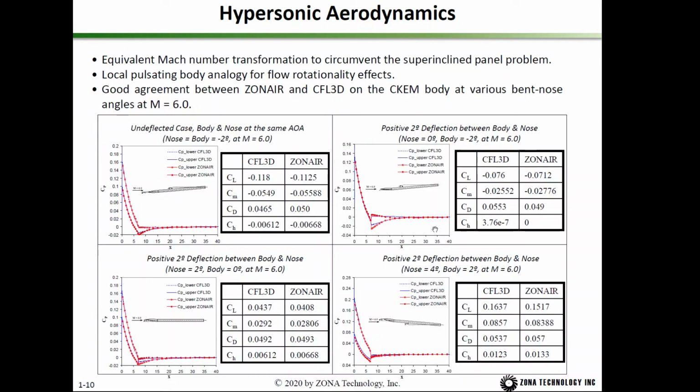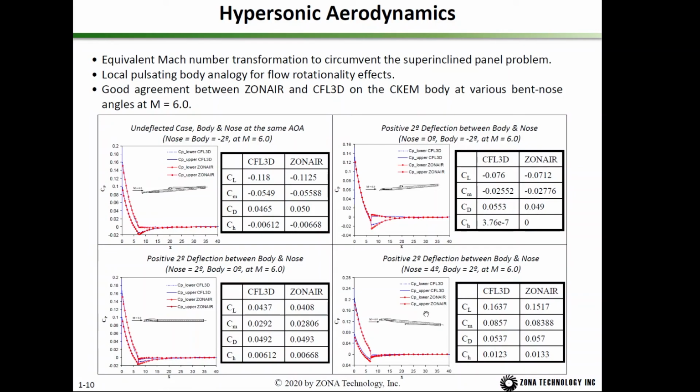And this case is the body at a -2 degree angle of attack, nose at 0 degree, and this is the CP distribution. The red one is the ZONAIR computed one. The dashed blue line and the solid line are the CFL3D solutions, and this is the comparison of CL, CM, CC, CD, and CH.